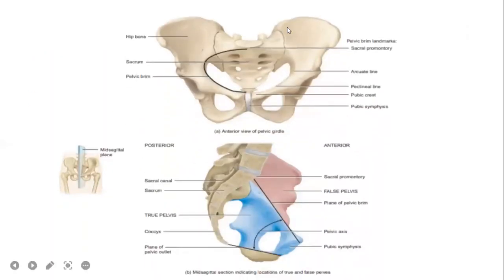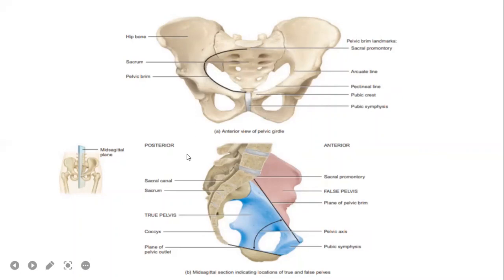So we have the sacral promontory, and the pelvic brim, which I earlier described. We have the pubic symphysis, the pubic crest, and the pectineal line, whereby we were able to describe how to palpate or trace them. Then we could find the pelvic brim.